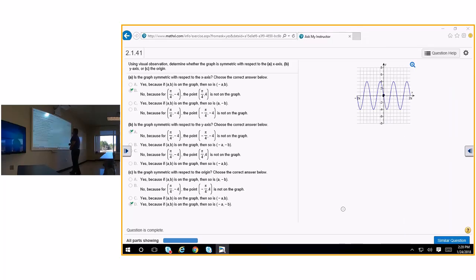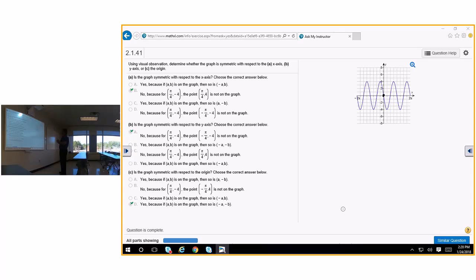Say, okay, there's the origin. Now, if it's symmetrical around the x and y axis, you're going to see the same thing. If it's symmetrical around the origin, you're going to see the same thing across the origin.